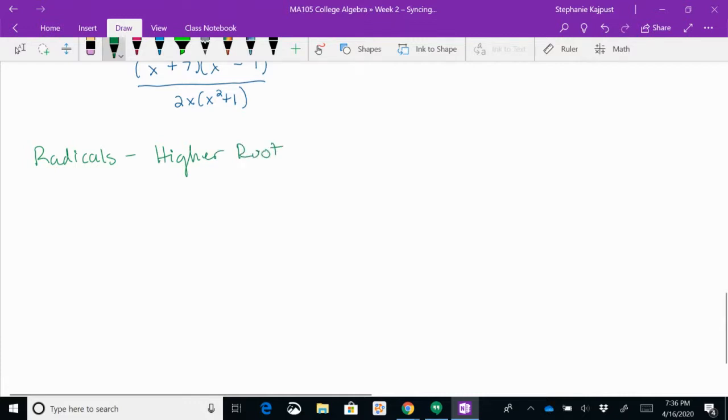So let's see what we've got in the textbook that I can pull from. Okay, so we're going to do a fifth root. And it's 160 x to the 8th z to the 4th.